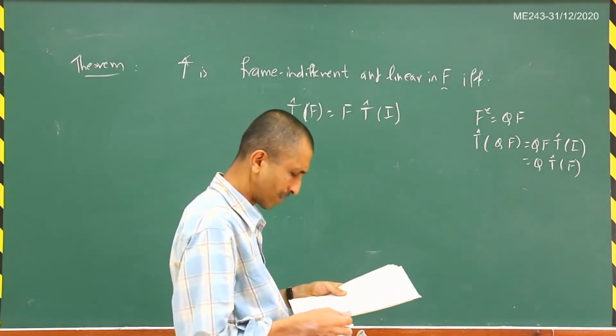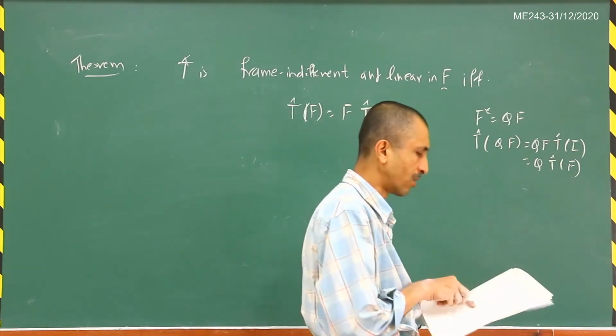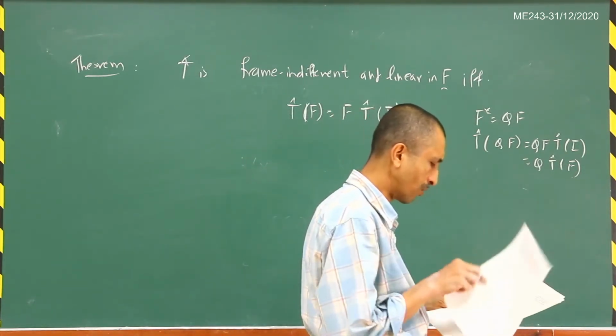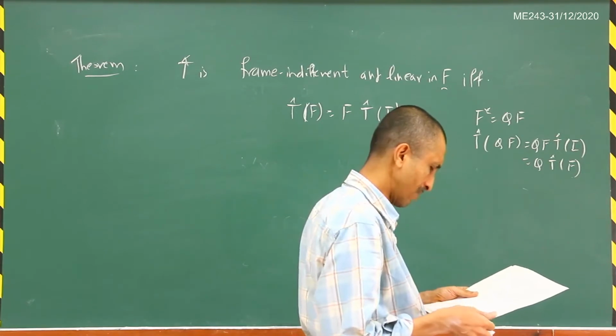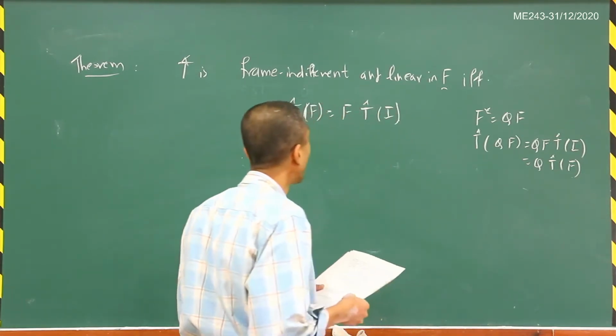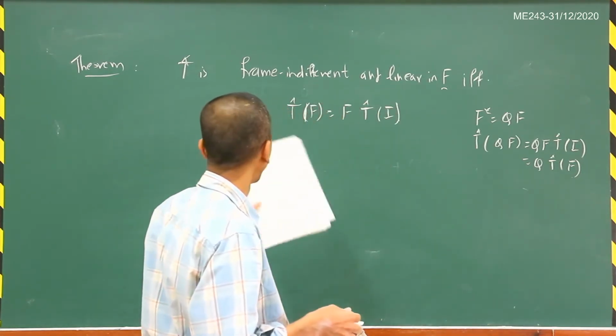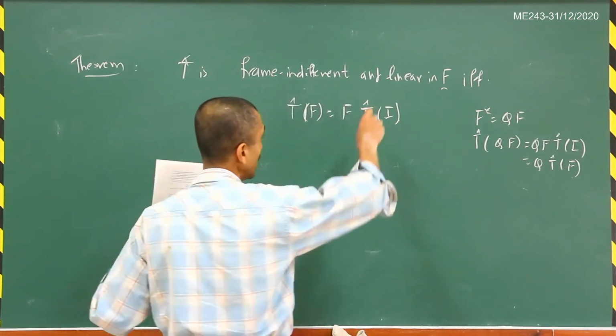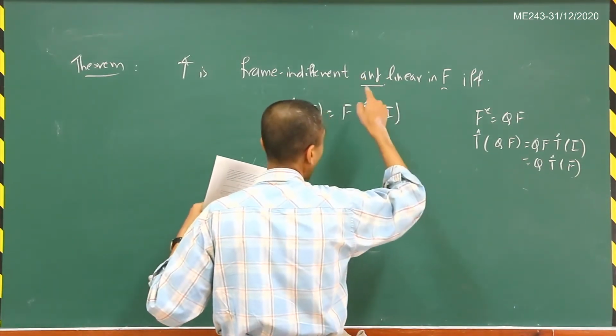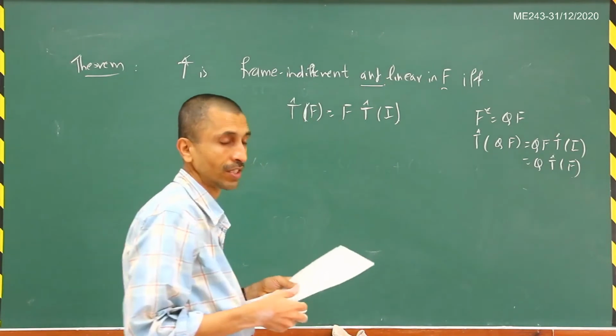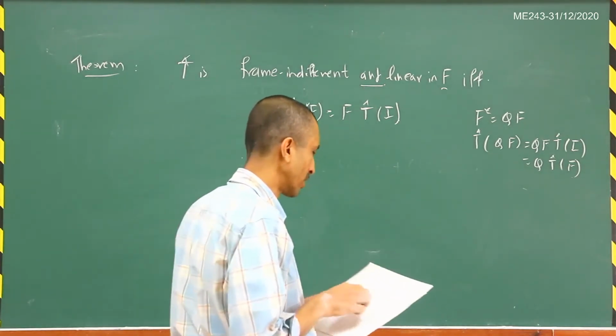Okay, so that is obvious. Now let us try to show the converse implication. That means that if T hat is frame indifferent and linear in F, then it has to be of this particular form. So let us try to show that.